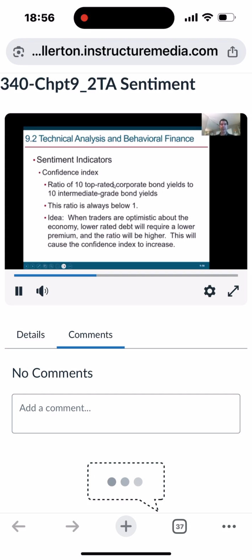Here's my philosophy. Before you read the bottom part, here's what I think the confidence index is really trying to capture. It's these intermediate grade bonds. Those are the ones that I said are not super solid companies. They're also not going bankrupt. And they're the ones that probably tell you what traders think about the future of the economy, right? If you think the economy is going to go fine, these companies are going to be okay, no problem.